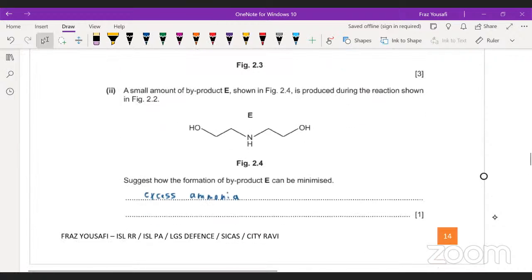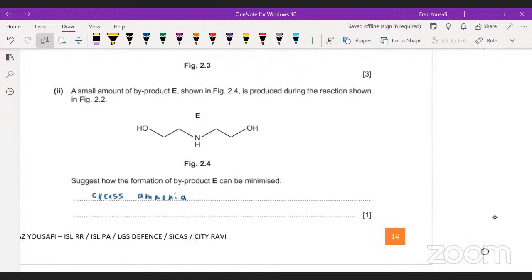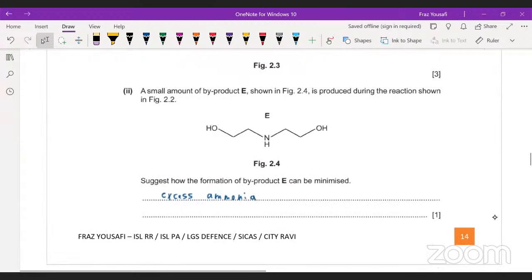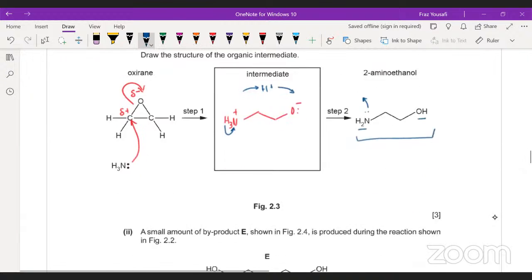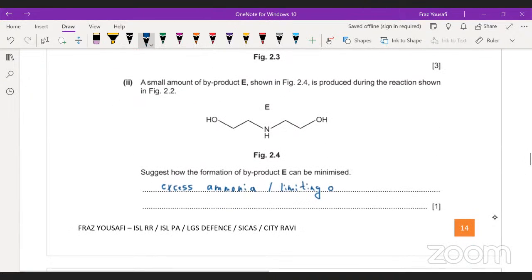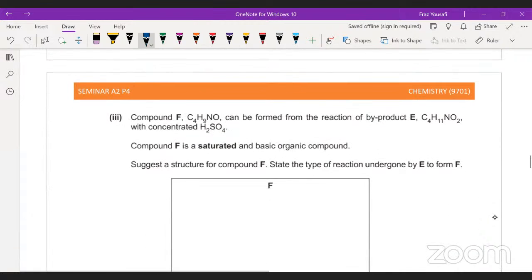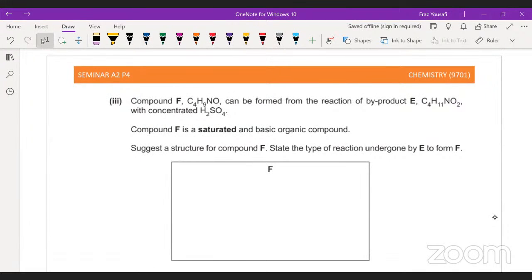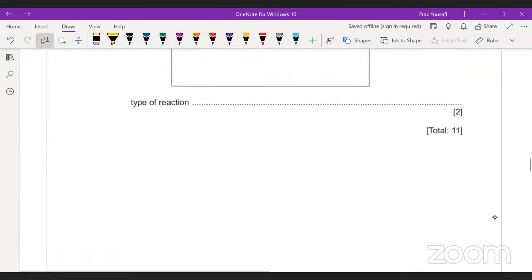Again, excess ammonia is one possible option, or limited oxirane. All right, so that's the understanding that we want here.